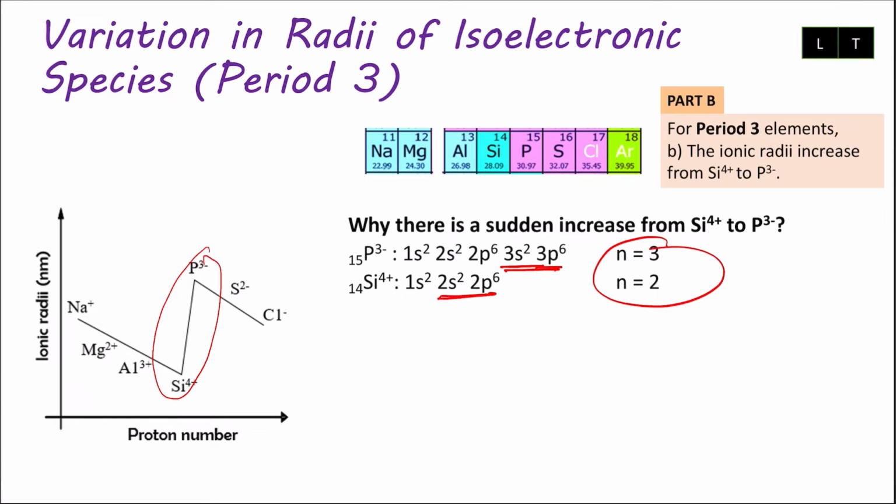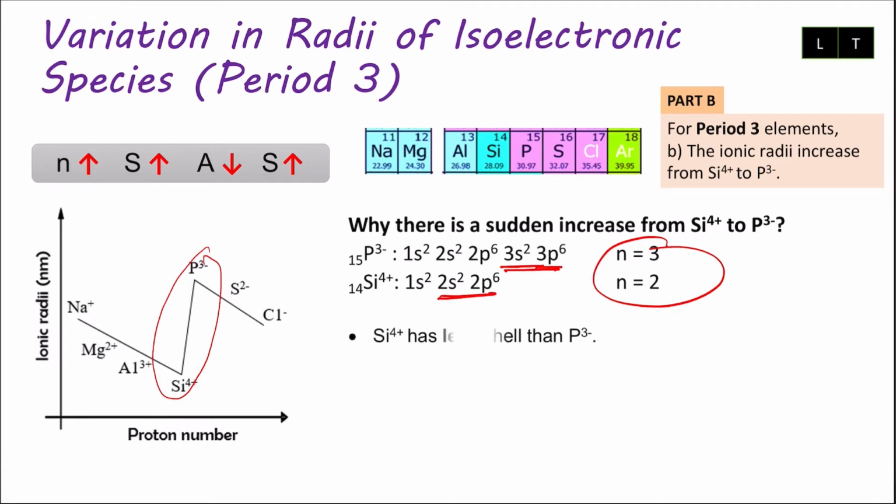So when it is a different n value, we are going to use the factor shielding effect. So the layout for NSAS will be applied in this explanation. I pick my subject. For example, my subject is Si4+. So Si4+ has fewer shells than P3-. Hence, its shielding effect is smaller than P3-.